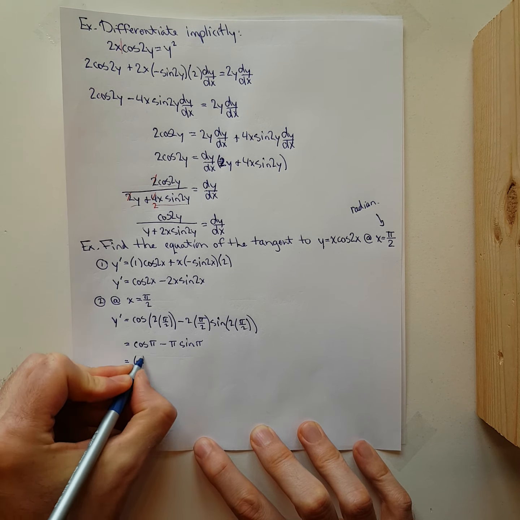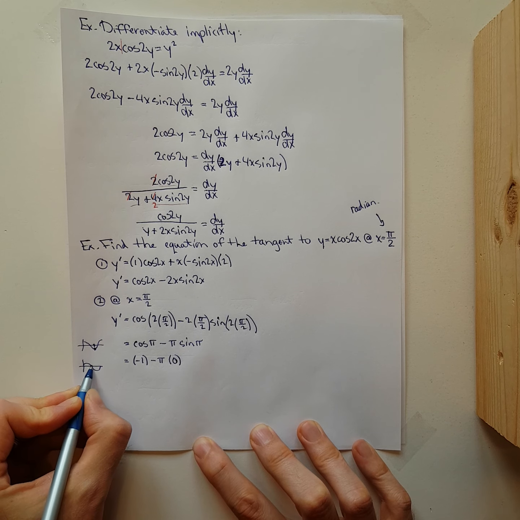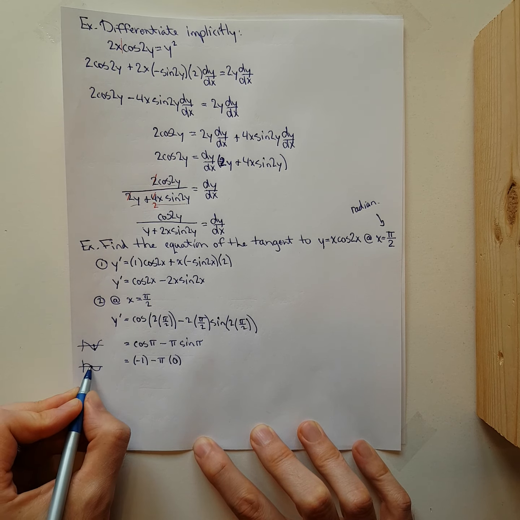Remember, you can get those easily if you think of those two trig functions, right? Cosine looking something like this here. There's our pi value at -1, and our sine function looking something like this here. And when x is pi, our y value is 0. So this turns into then slope being -1.